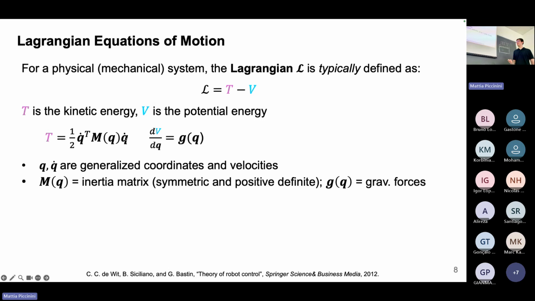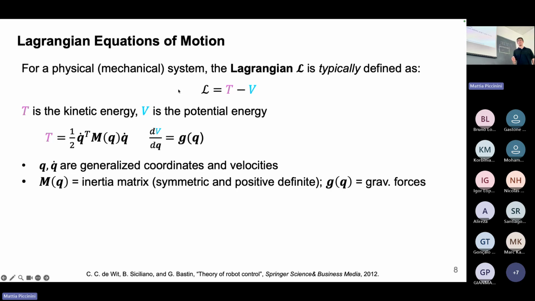q and q dot are the generalized coordinates and velocities. You can think of the angles of a robot arm, the degrees of freedom. They can be angles, can be velocities, can be whatever. We call them generalized coordinates, and q dot is their time derivative. M of q is the mass or inertia matrix, which appears in the kinetic energy.